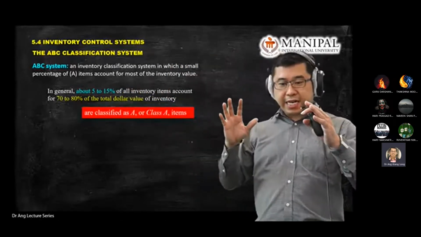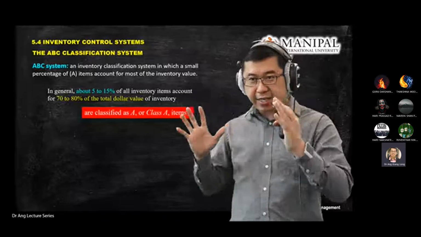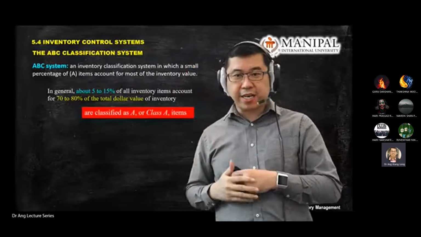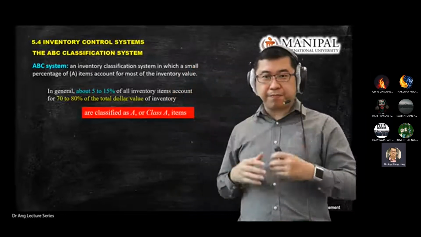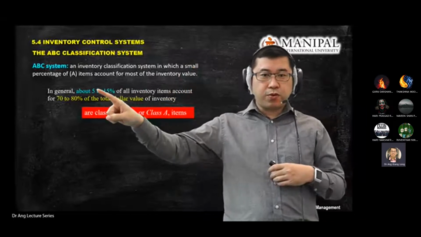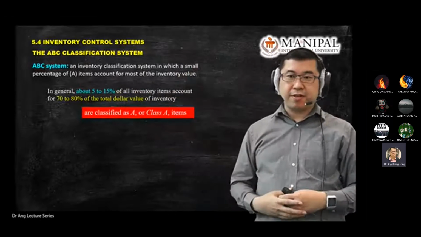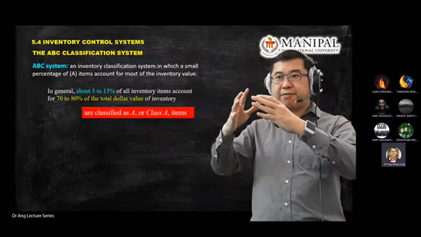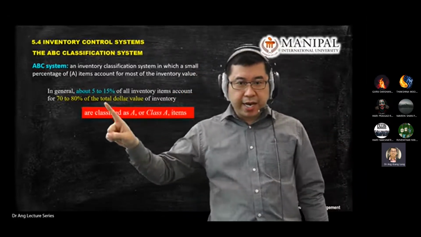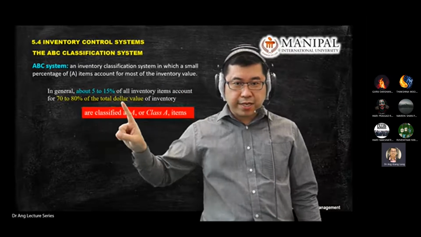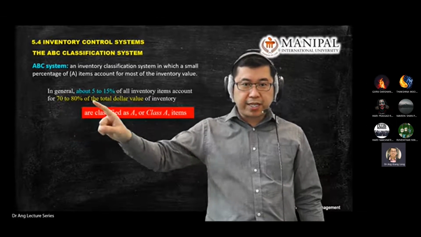Let's say you have 100 items in your store, and this kind of stock is class A. You look at the number of that particular item. It will contribute maybe 10% of the total inventory you have. Let's say 100 items in the store, you only have 10 units of it. It will fall under class A, and their dollar value in the inventory will contribute about 80%.